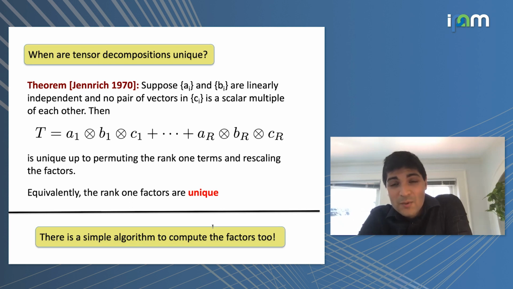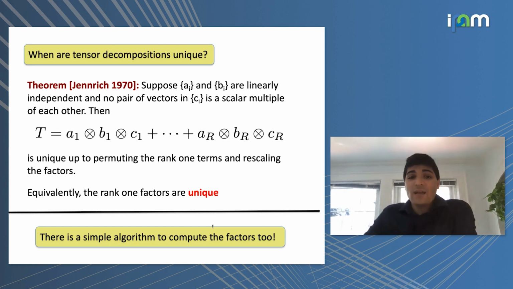Now, one of the things which was forgotten about this was that the people in the psychometrics community cared a lot about the uniqueness of tensor decompositions. And Jennrich showed a very powerful uniqueness theorem for when tensor decompositions are unique. But later on, Kruskal showed a stronger uniqueness theorem that just happened to not come with an algorithm for computing the factors.